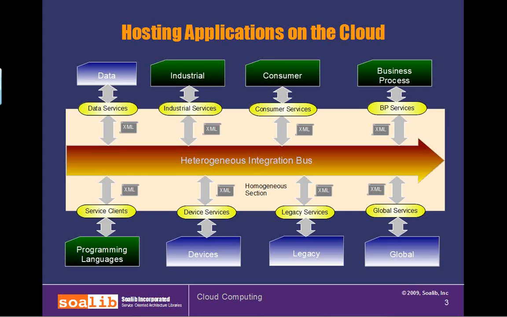All these services are running in the cloud. And remember, what we mean by cloud is really a scalable platform. And all these services are running in a scalable platform. That means the cloud.